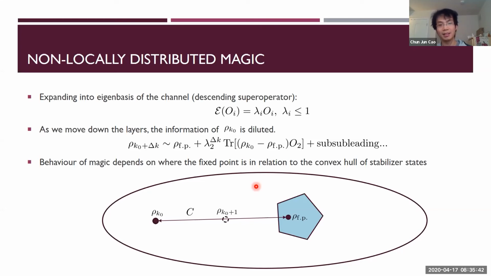Then suppose lambda 2 is like order 1/2, then every time you apply this channel, you move the state closer to the fixed point by this amount. And so this is after 1 layer, and after 2 layers, you get even closer and closer. So the distance between these two states is governed by this C lambda to the delta K.